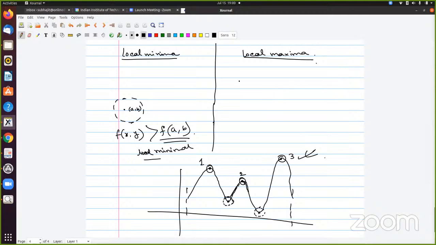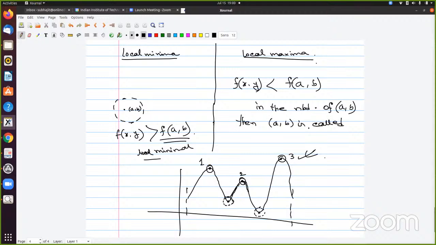And if the opposite occurs, that means it is less than f(a, b) in the neighborhood of (a, b), then (a, b) is called a local maximum.